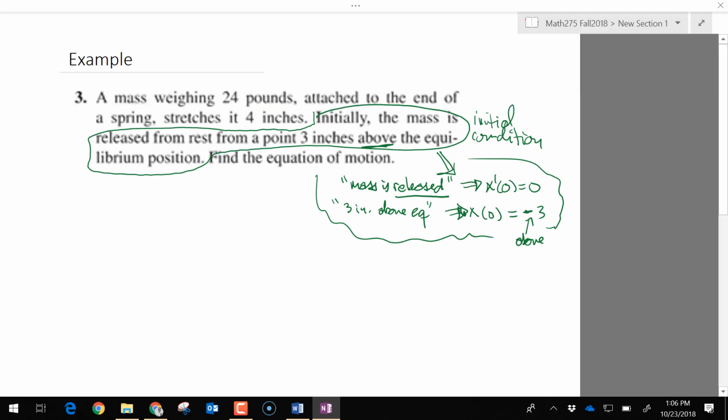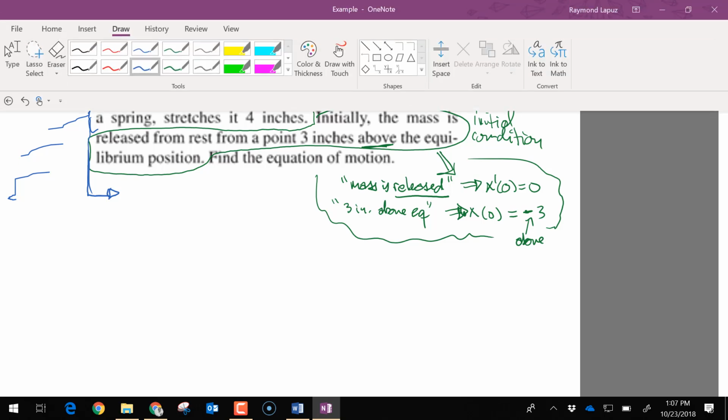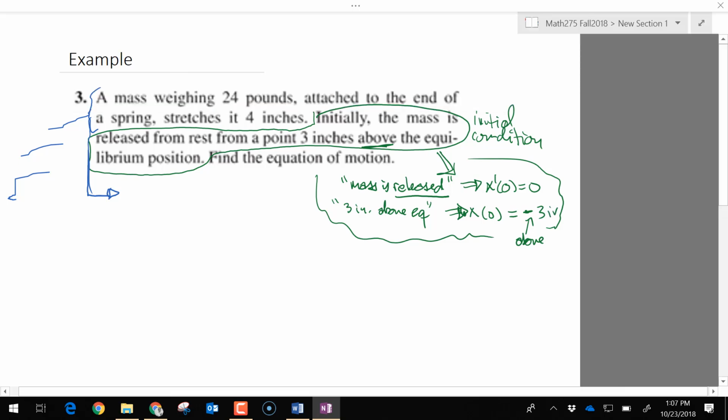All right, let's figure out now from the other piece of information what our actual differential equation is. Oh, by the way, since we are dealing with pounds, we should also be dealing with feet, I think. So instead of 3 inches, we probably convert it into feet.